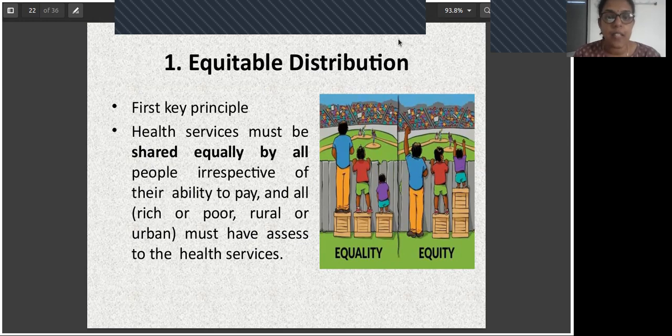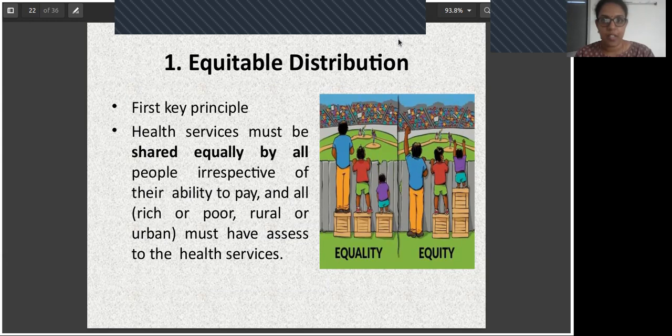The health services must be shared equally by all people, irrespective of their ability to pay, whether they are rich or poor, whether they are from an urban or a rural background. That means they must have access to healthcare equally.